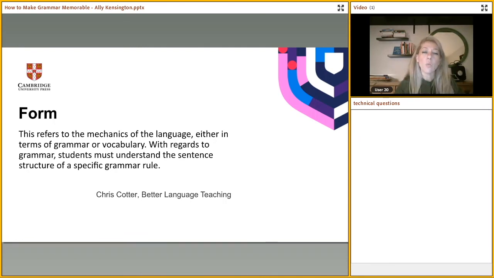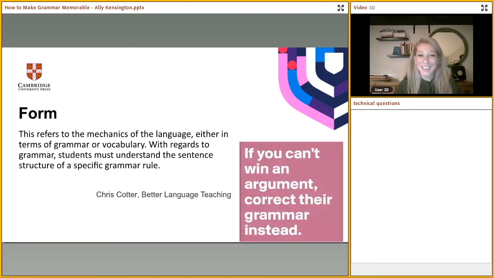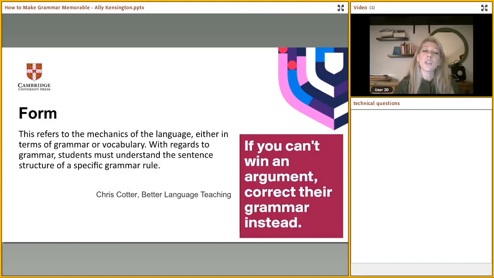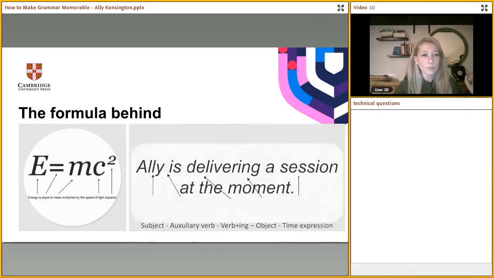Now, why is this so important? Because I always say, if you can't win an argument, correct their grammar instead. It is a very important weapon. If you know the form, then everything is easier.